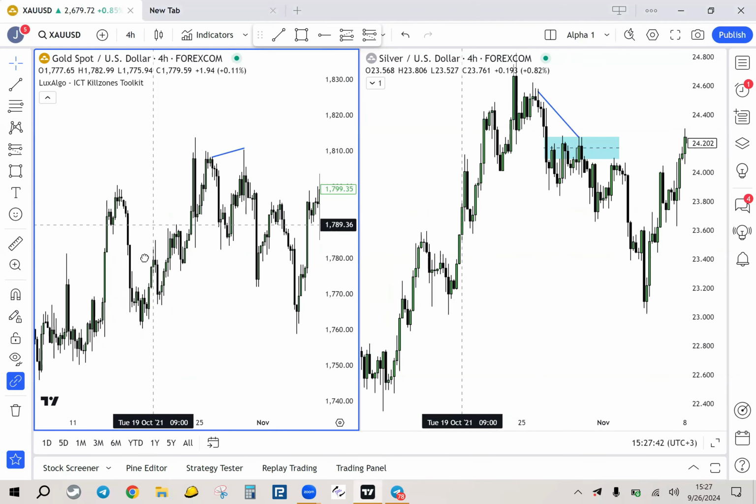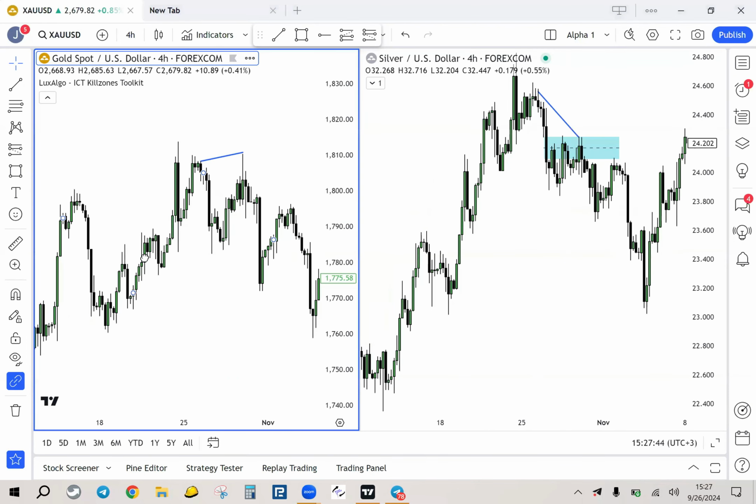But in this case, we had a reversal divergence on gold. Okay, because if you want to trade gold, you have to consider the divergence from the point of view of gold being the pair that you're trading and silver being your indicator.